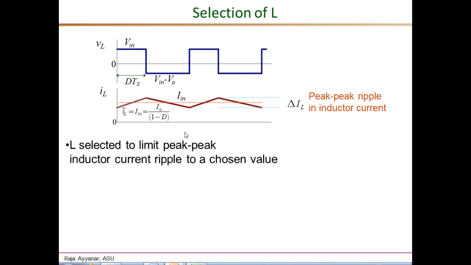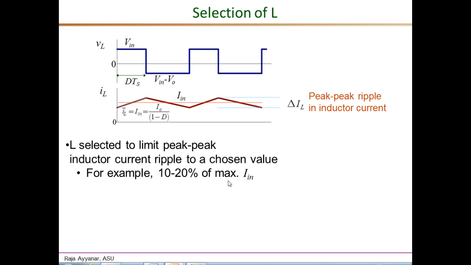Now, the suggested method for designing the L is to limit this peak-to-peak inductor current ripple, the delta IL, to some chosen value. This is similar to what we did in the design of L in a buck converter. Now, the choice of delta IL can be done in one of many ways. For example, we can choose delta IL to be about 10 to 20% of the maximum average value of the inductor current, which is the same as the maximum input current IN.